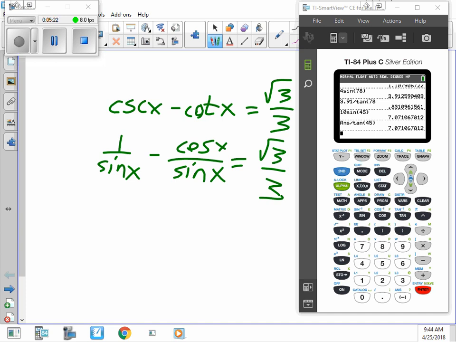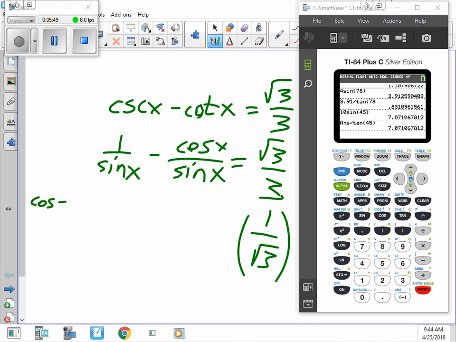Okay. Root 3 over 3 can be switched to 1 over root 3. Well, let's try it. Let's make cosine 0 and see what happens.